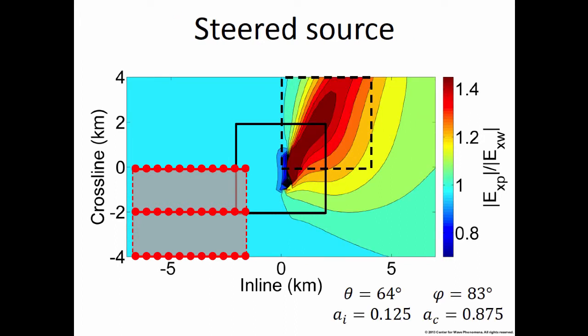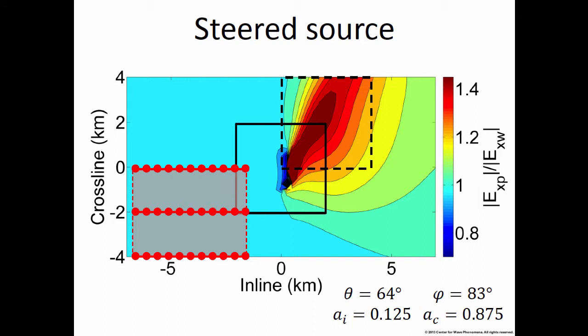So it looks like we've applied the synthetic aperture and steering, and we've actually changed the direction that the energy is moving, and we've sent it more into the direction of the reservoir. But we can't really conclude that from this image because this is just showing you the magnitude of an electromagnetic field.